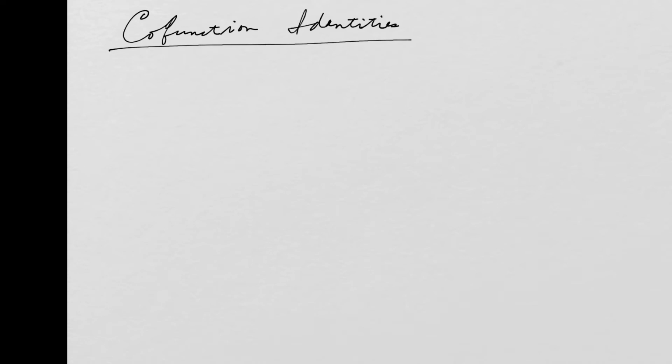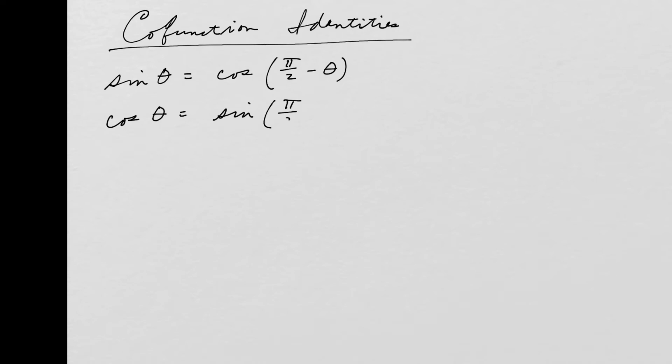It turns out that sine of theta is going to be equal to the cosine of 90 minus theta, right? Or I'll write it in radians as pi over 2 minus theta. Then cosine of theta is sine of pi over 2 minus theta.